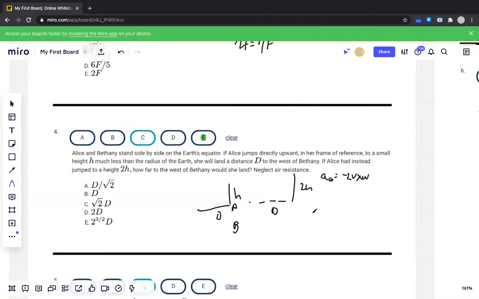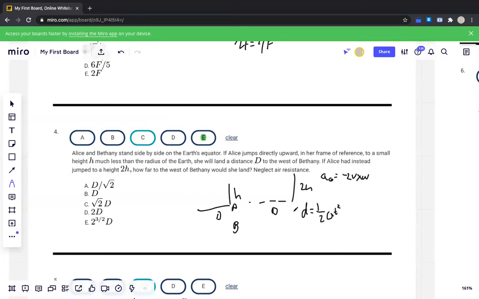And we can find the distance. So d, using the kinematic formula, is equal to 1/2 a t squared, because the initial velocity to the left is 0 since she's just jumping straight up vertically.